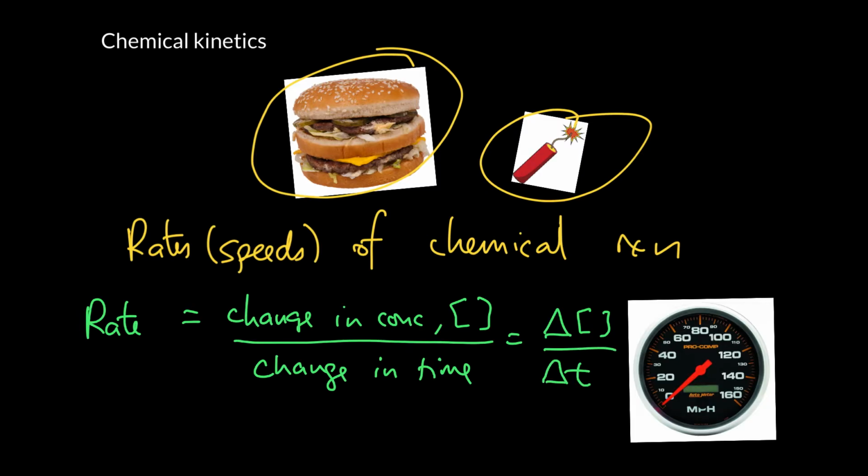It will have units of whatever the concentrations and times have. We're probably going to measure concentration in molarity and time in seconds. So the rate of a chemical reaction has units of molarity per second, which we can write like that, or we can write molarity seconds to the -1.